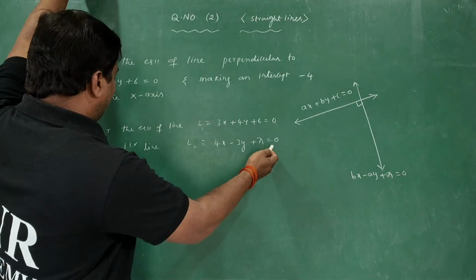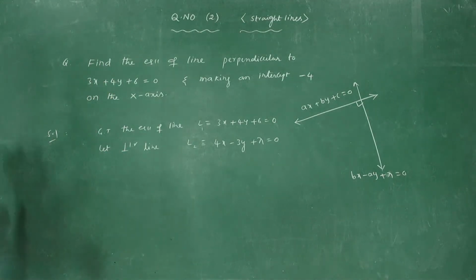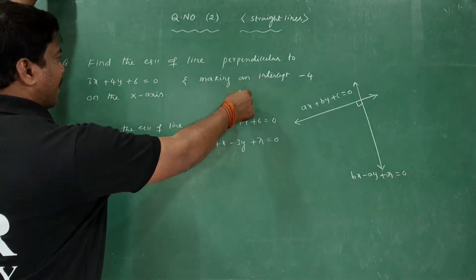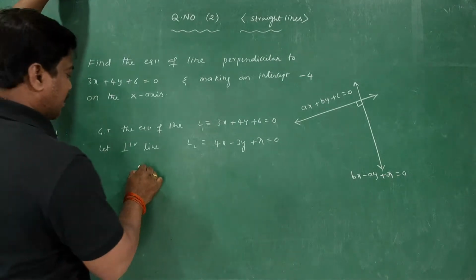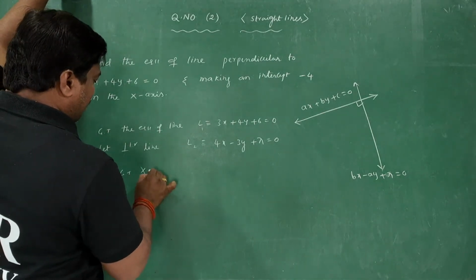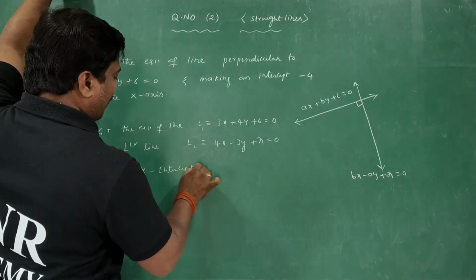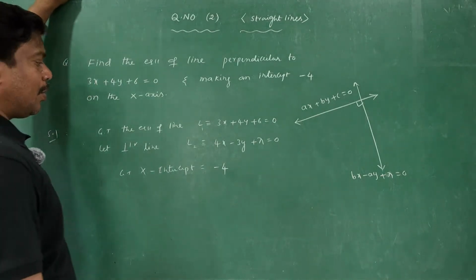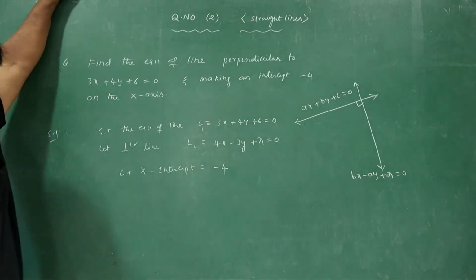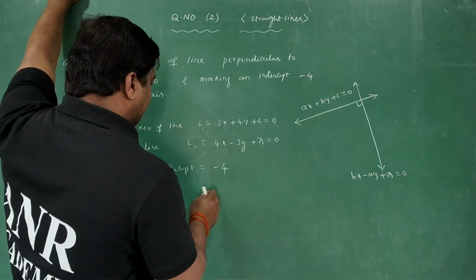If you get the value of lambda, then you will get the perpendicular line. Given that the line makes an x-intercept of minus 4. To get the x-intercept, you have to write the value of y equal to 0.